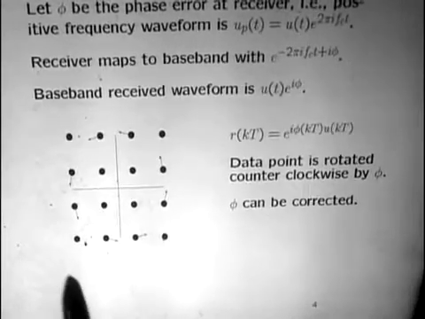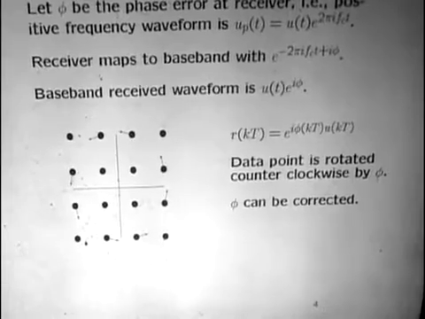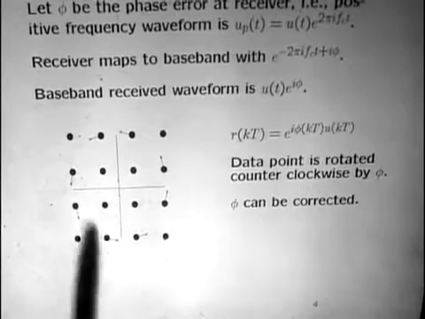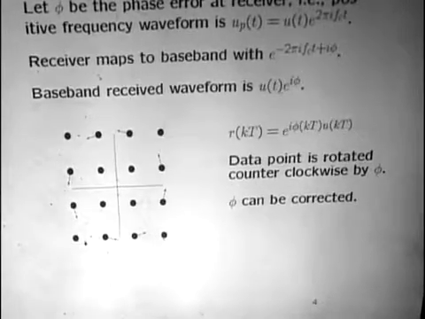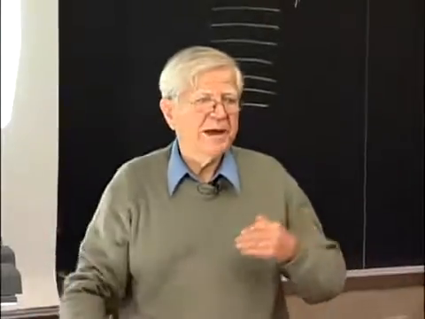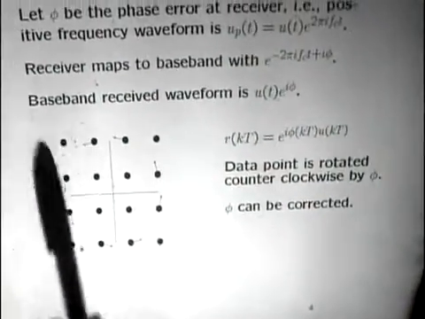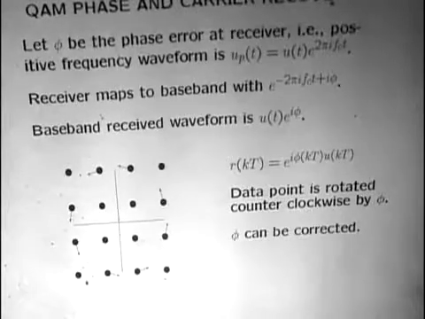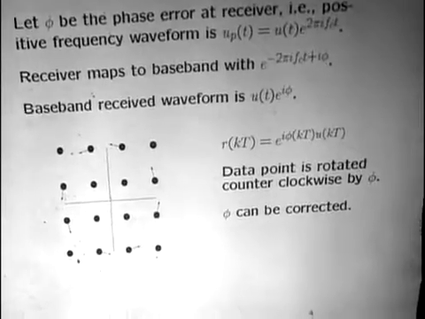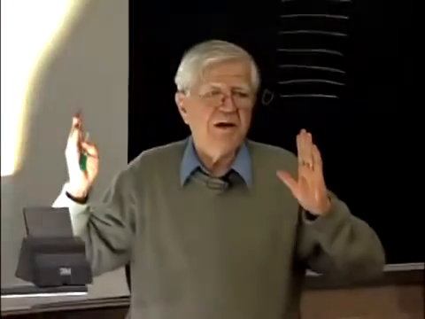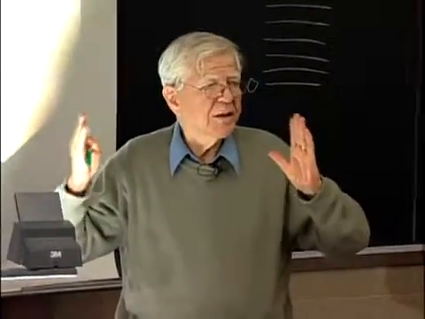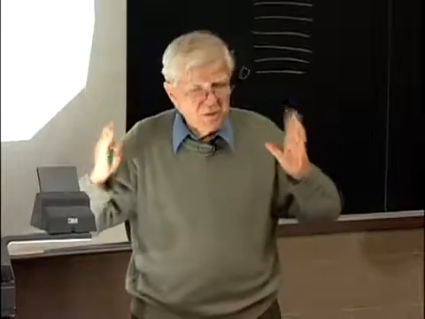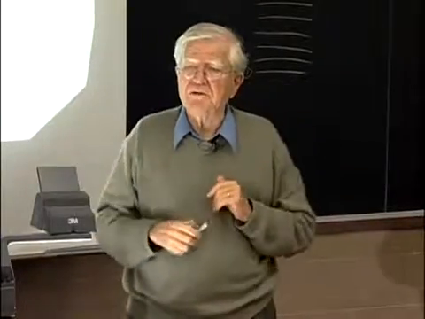Now at the receiver, we haven't analyzed noise yet. We're going to start doing that later today. But if you visualize noise being added at passband and then coming down to baseband again, we can visualize what's happening as the noise just adds something to each one of these points. I mean, assuming that we know exactly what the timing is for the time being, so that we sample at exactly the right time at the receiver, and that's a separate issue, but let's assume that we do know the timing, we do sample at the correct time.